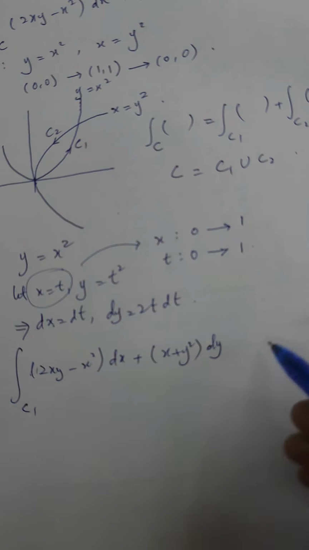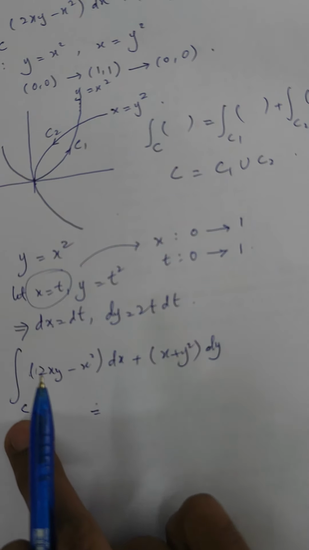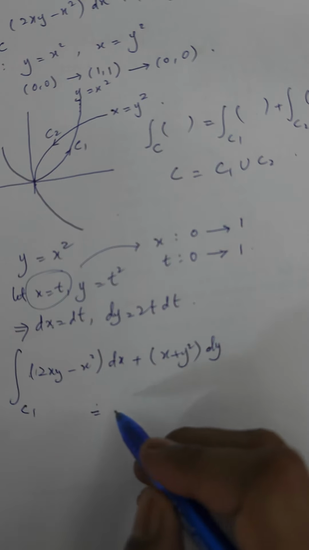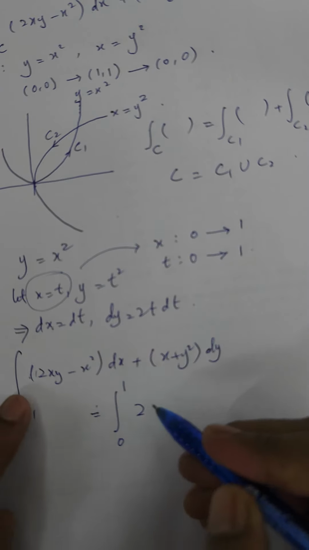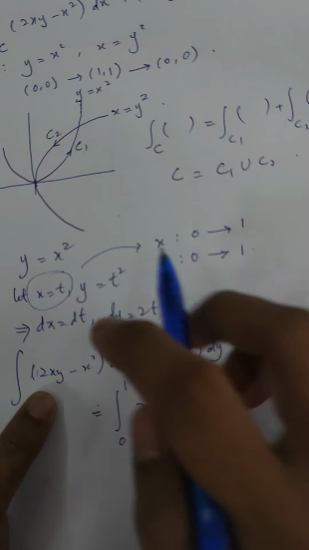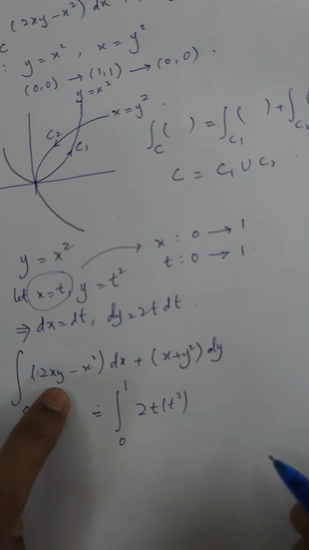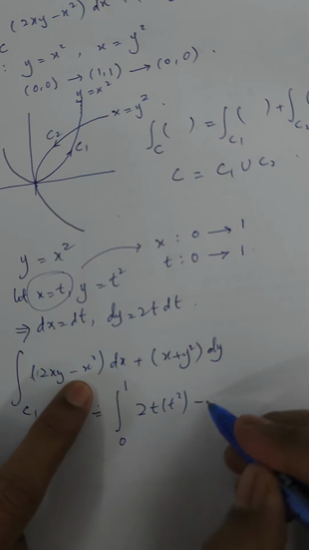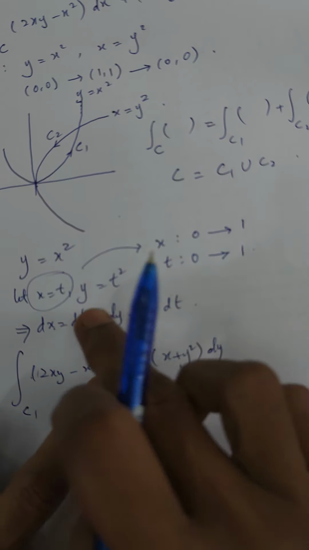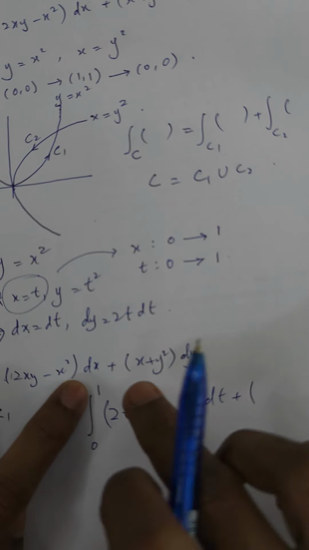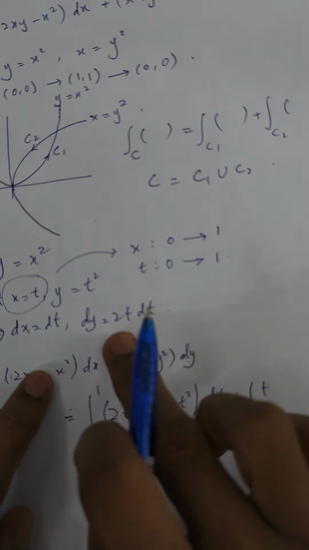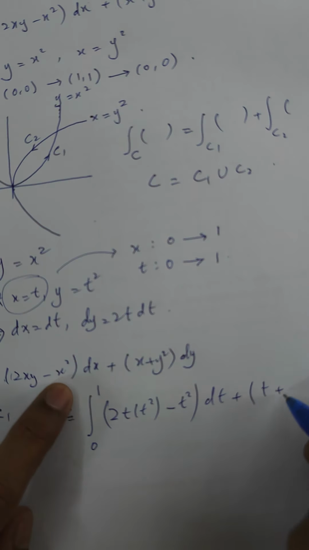So we integrate over C1, t from 0 to 1, 2 times x, which is t, times y, which is t squared, minus x squared, which is t squared, dx which is dt, plus x, which is t, plus y squared, which is t to the fourth, and dy is 2t dt.